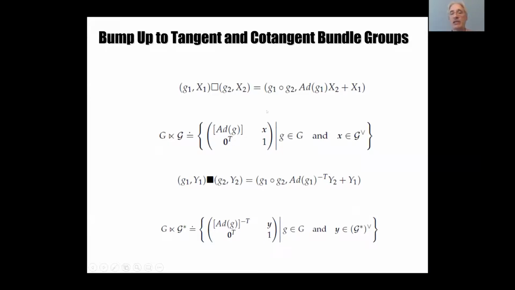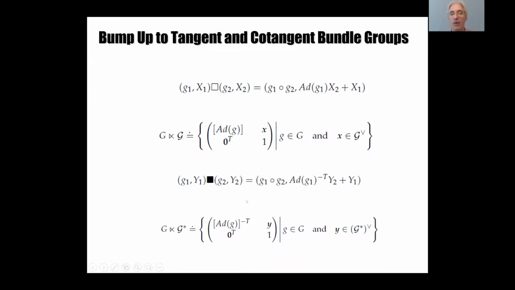And explicitly as a matrix Lie group, the elements look like this, where G is in the original group and X is in the vectorized version of the Lie algebra, which again looks like Rn. Now, that doesn't help. If the original group is not unimodular, this tangent bundle group will not be unimodular either.